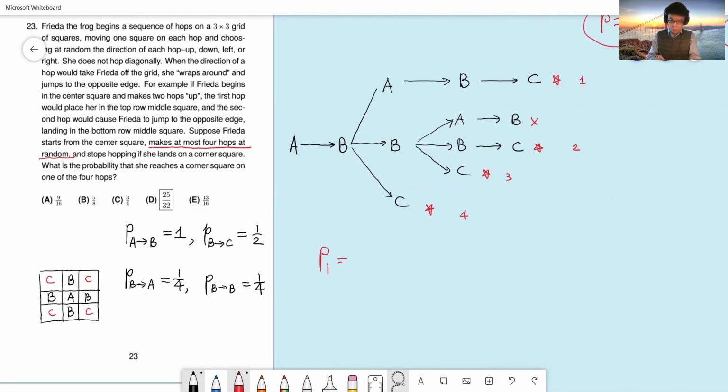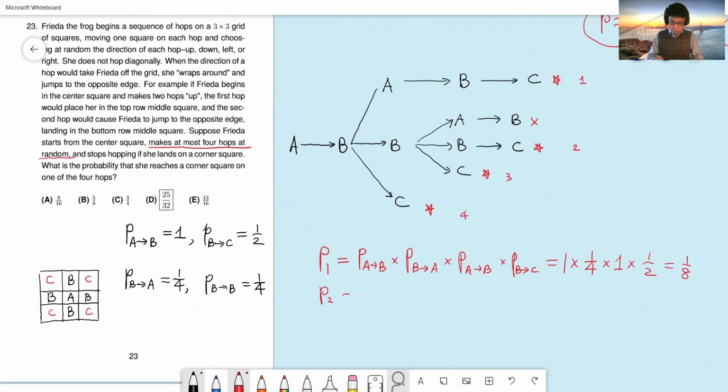For P1, that's P A to B times P B to A times P A to B times P B to C. This is 1 times, so B to A, the probability is 1 over 4. A to B is 1. B to C, the probability is 1 over 2. So this number is 1 over 8.